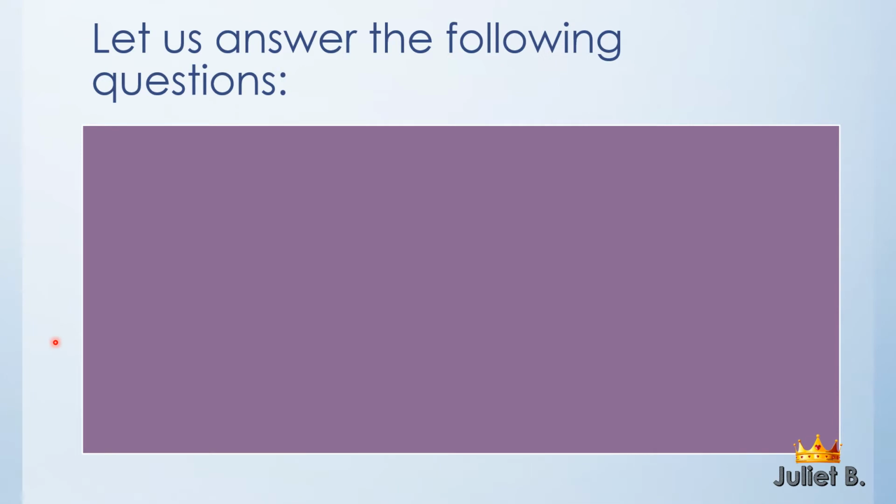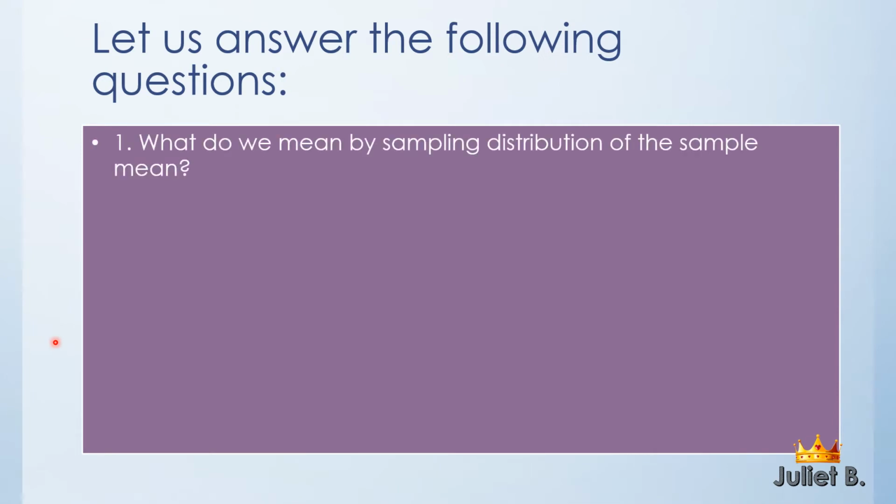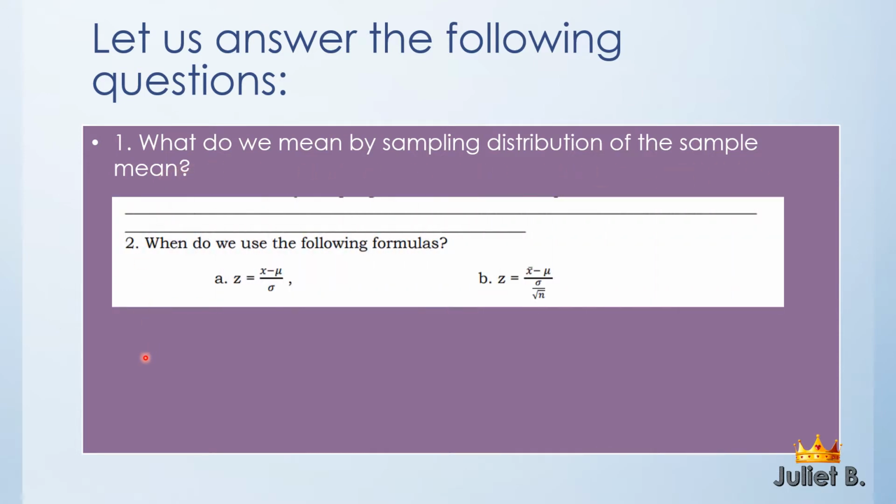As we move along, let us answer the following questions. Number 1. What do we mean by sampling distribution of the sample mean? Number 2. When do we use the following formulas? Letter A, z is equal to x minus the population mean divided by the standard deviation.